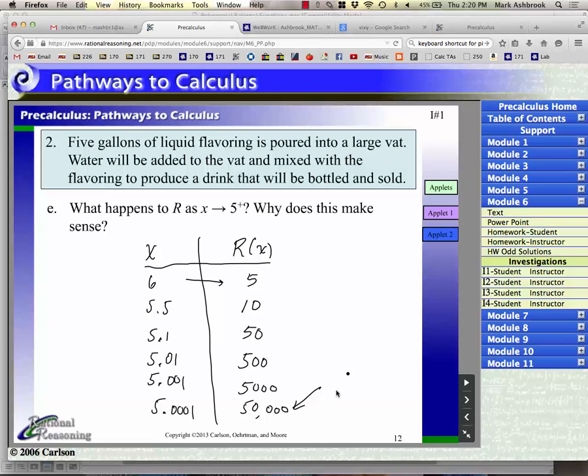Okay. Tell the person next to you, what does that number mean? What is that 50,000? What does a 50,000 mean according to the drink and the vat and the water and the flavoring? Go. What does the 50,000 mean?